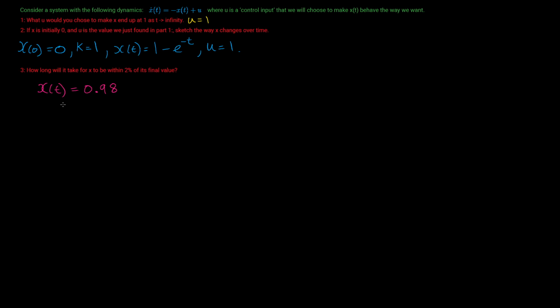So when x of t is equal to 0.98, 1 minus e to the minus t. So we subtract the 1 over here, which would give us minus 0.02 is equal to minus e to the minus t.